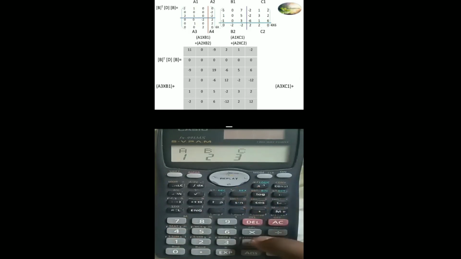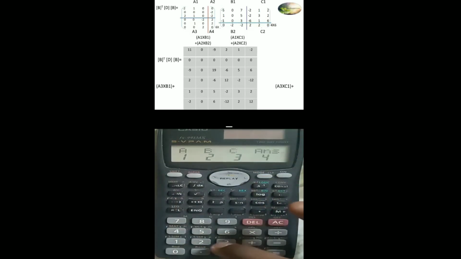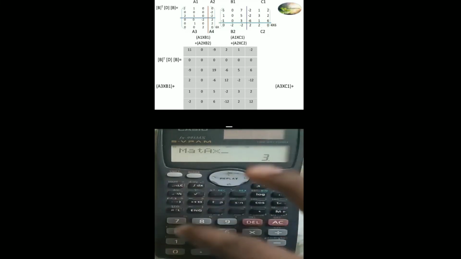And multiply A2 into C2, get the values and add with A1 into C1.